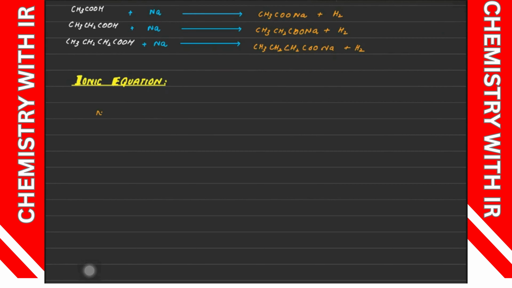Let's suppose this is an equation: sodium solid is going to react with HCl aqueous, and it's going to form sodium chloride aqueous and hydrogen gas. Listen very carefully. The rule says you are supposed to break down those compounds which are aqueous.